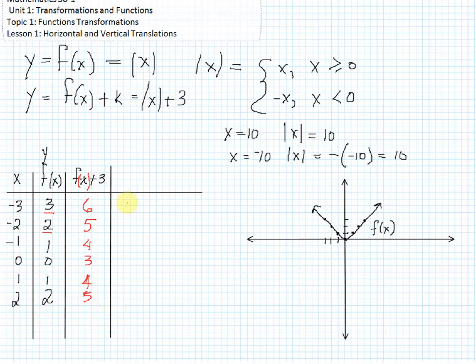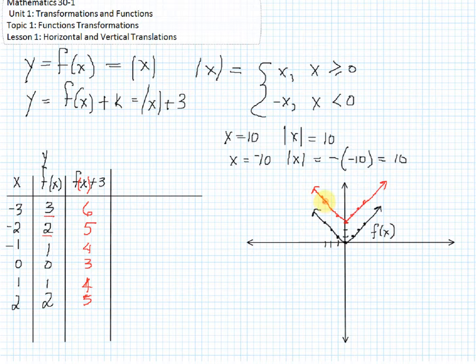Okay, so if we graph this, we essentially have our graph here. It looks like this, and you can take the time to graph those points more carefully so that you can see that the -3 and the 6 produces this point here.